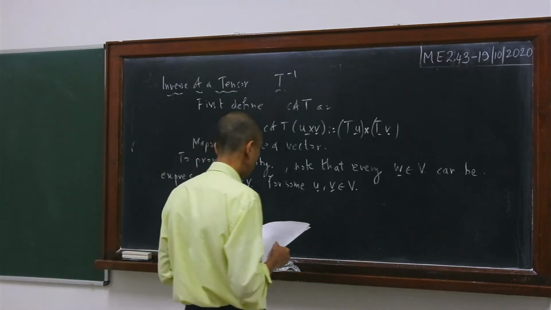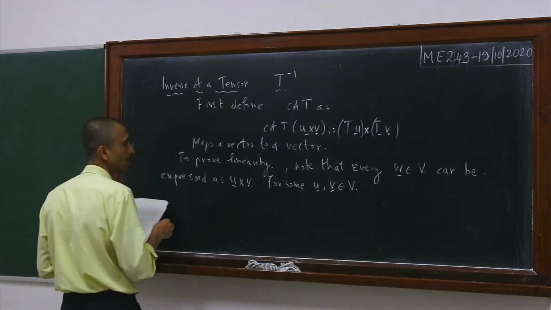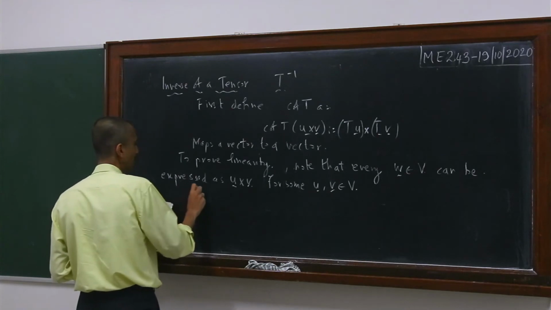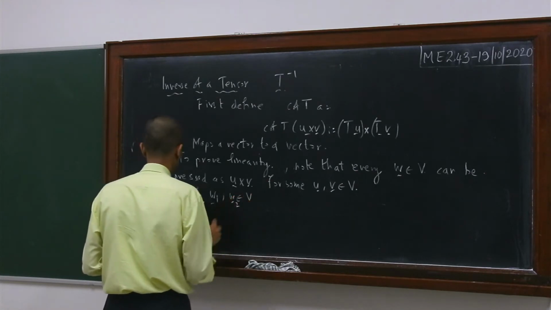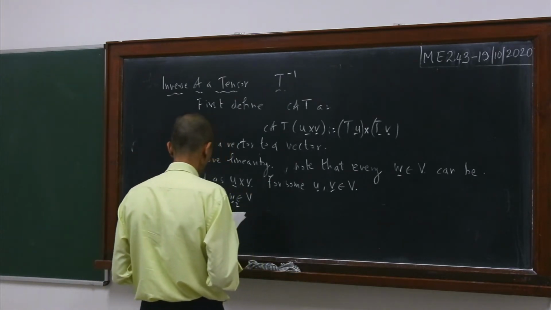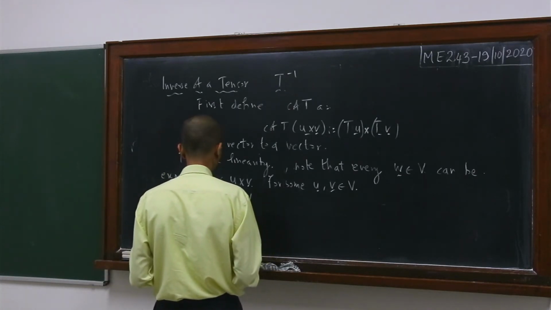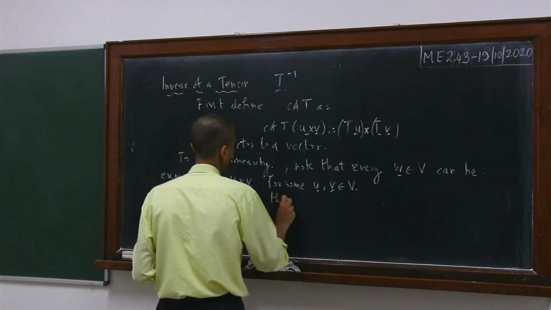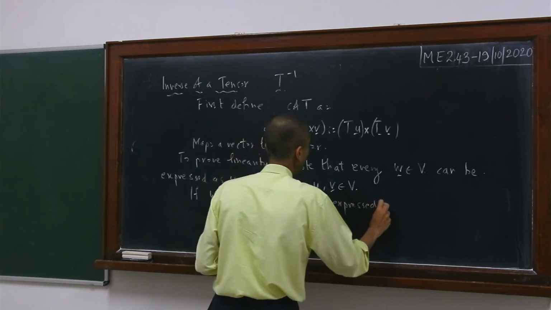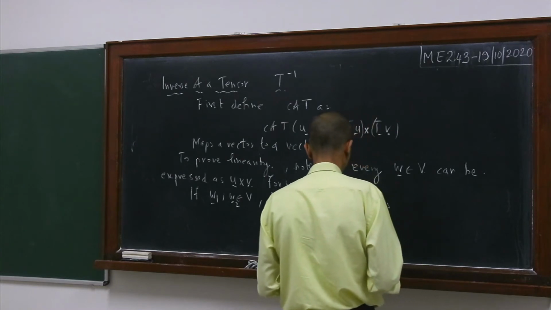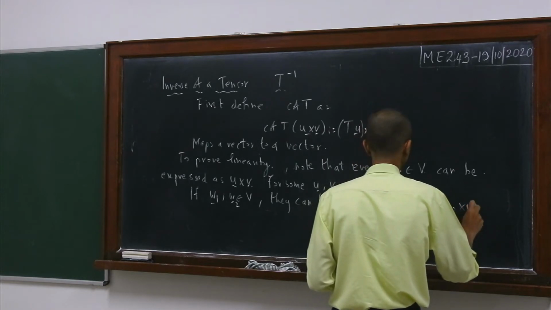Fine. Now if w1 and w2 are arbitrary vectors, so this is more tricky, whatever I am going to say now. If w1, w2 belonging to V are two arbitrary vectors, then they can be expressed as u1 cross v and u2 cross v.